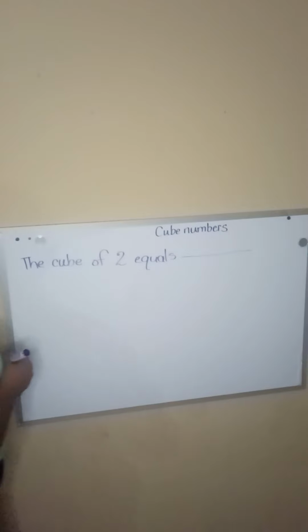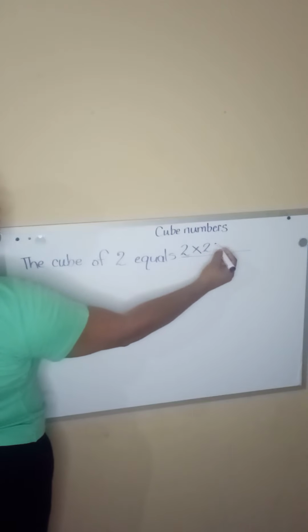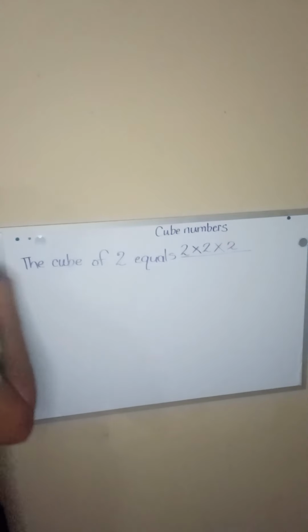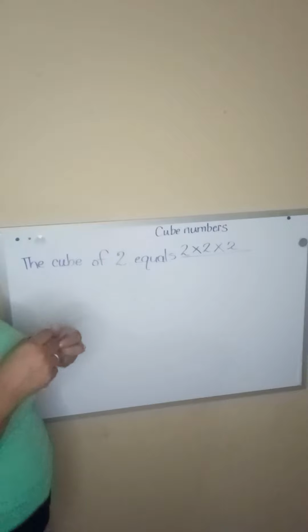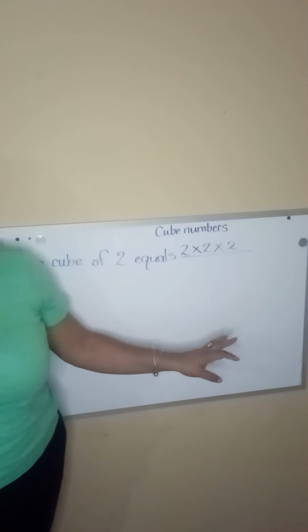The cube of 2 equals blank. All this is asking you to do, remember 2 cube means what? 2 times 2 times 2. That's all you're going to do there. You're not going to calculate it just yet.